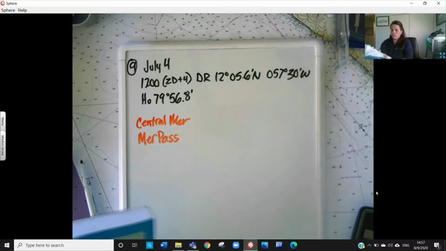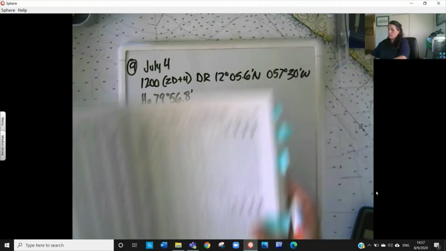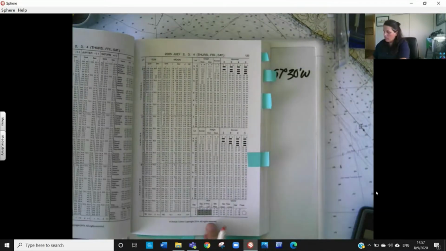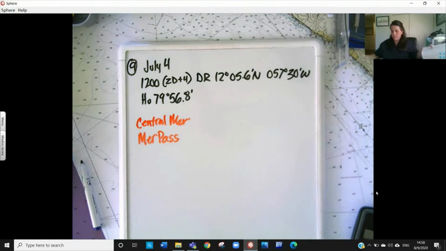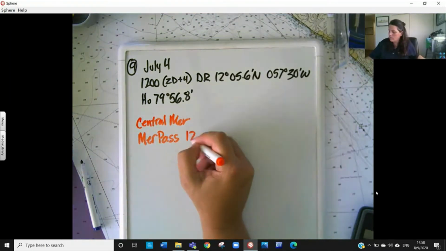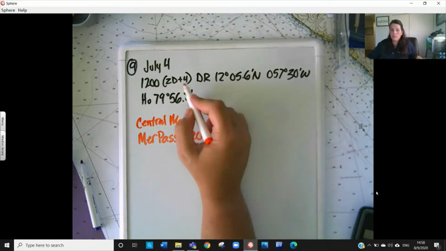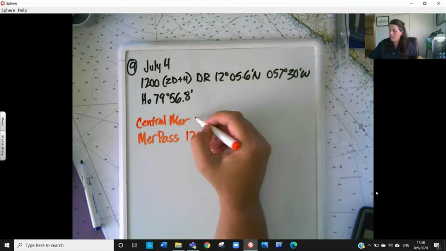So we go to July 4th, meridian passage is going to be 12:05. And our central meridian for 4 plus 4 is going to be 060 degrees west.